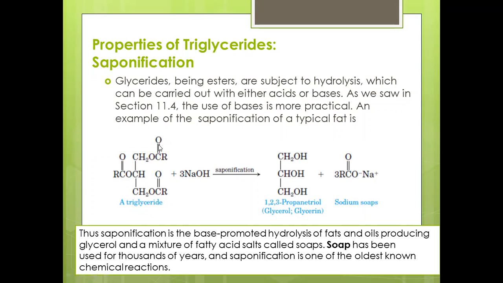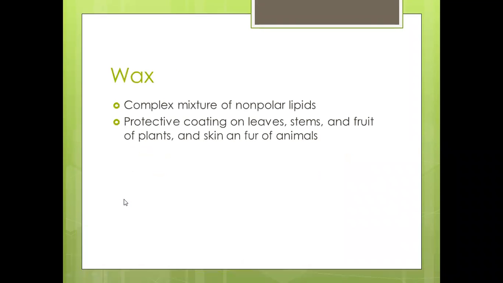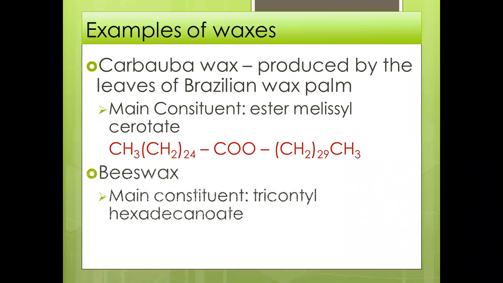The carboxylic acid is bonded here to the ester, and it forms an ester. Okay, so you already know the basic structure. So other than the structure, where you don't include the glycerol parts, this already becomes your wax.